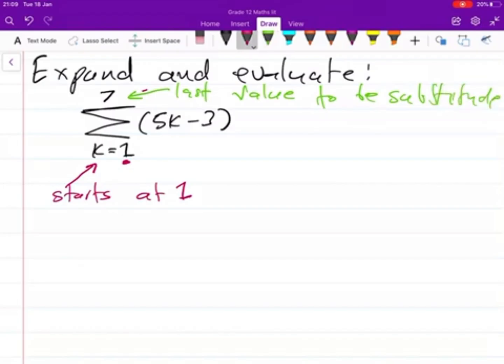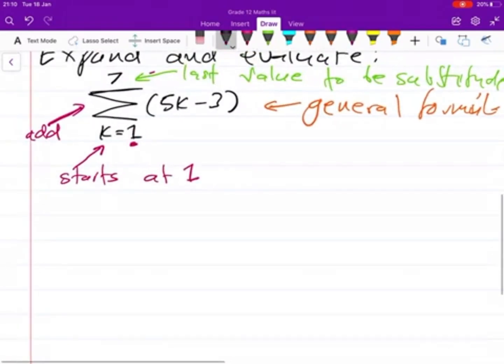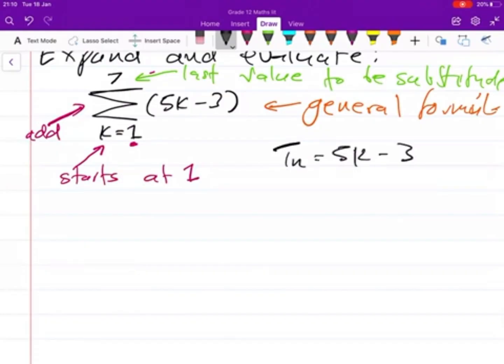And where are we substituting it? We are substituting it into the general formula. And what must we do? We must add. So now we have a general formula here, which is Tn equals 5k minus 3. If we expand this, it's sigma with upper limit 7, lower limit 1, of 5k minus 3.